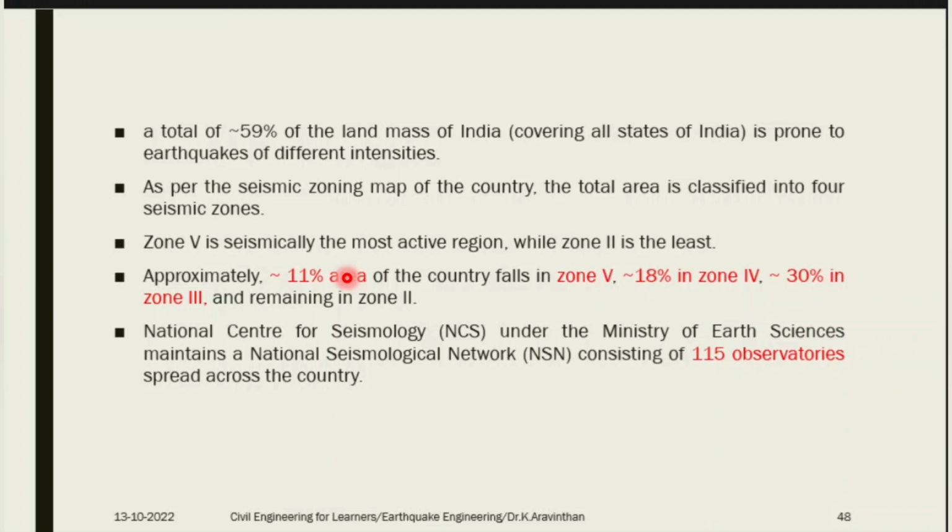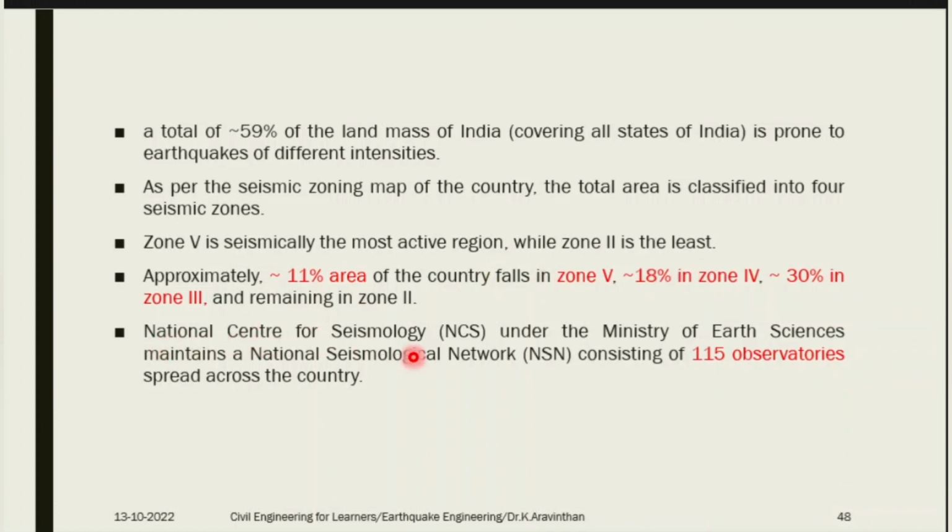Zone 4 covers 18% of the land and zone 3 covers a maximum of 30%. So all these 3 zones are considered earthquake prone zones, which should have earthquake resistant structures.